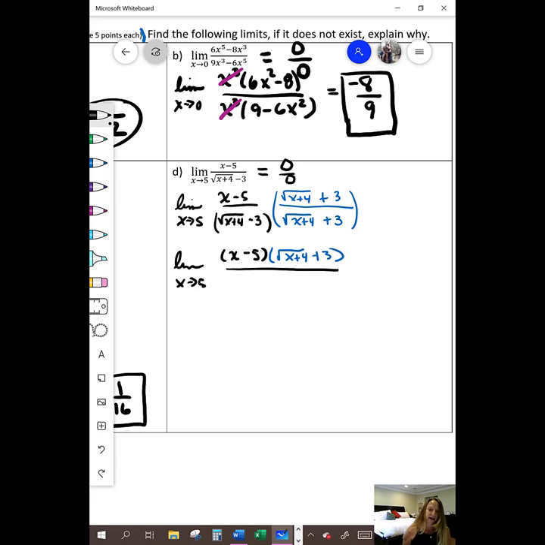When we multiply the conjugates, these binomials, these are difference of squares. So if I square my first term, this is just x plus 4, minus squaring my second term is 9.